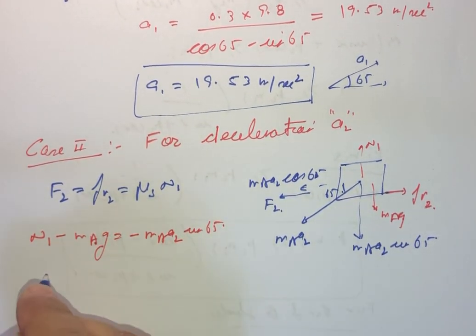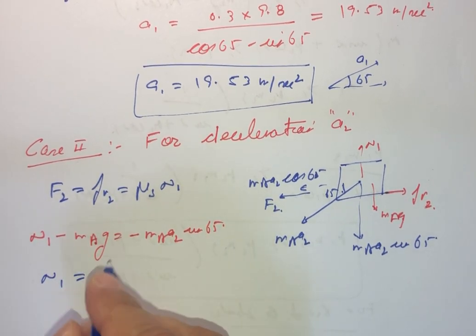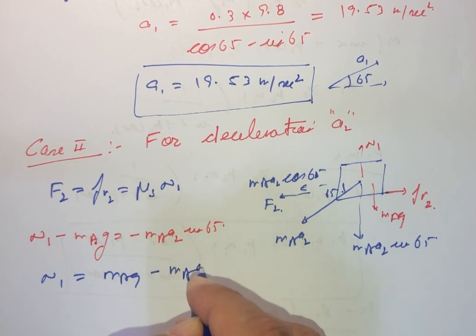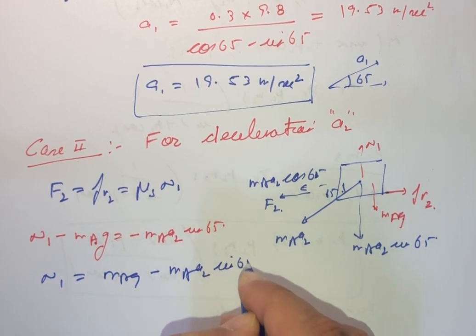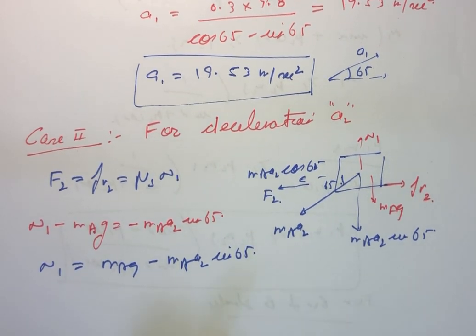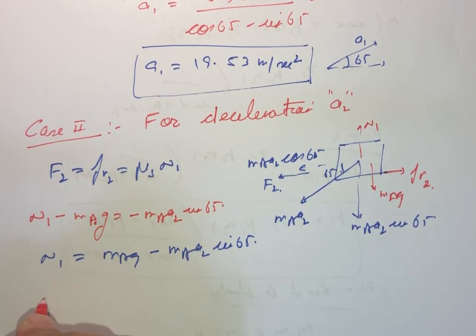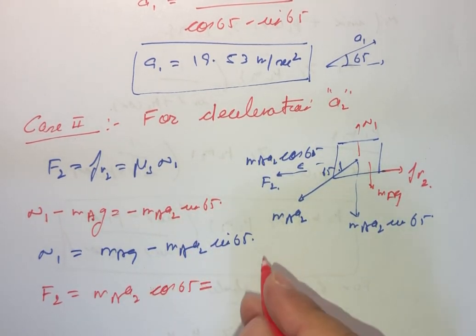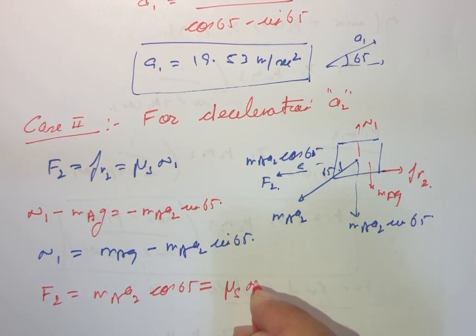From here we can write that N1 is equal to M_A g minus M_A A2 sine 65, and our F2 is equal to M_A A2 cos of 65, which is further equal to mu s N1.